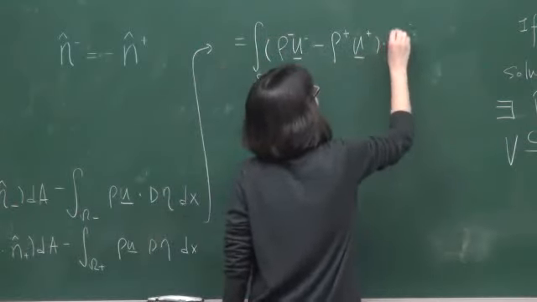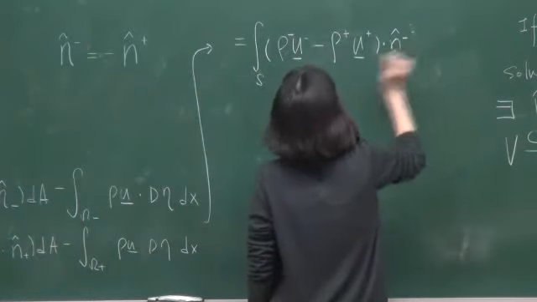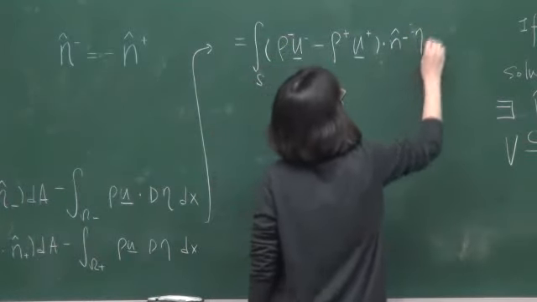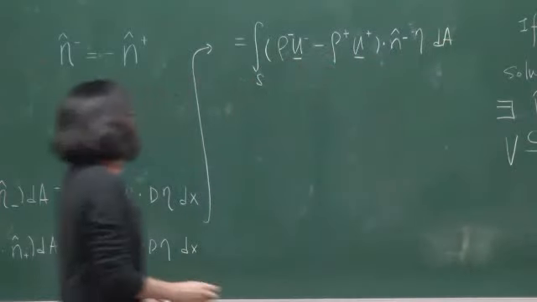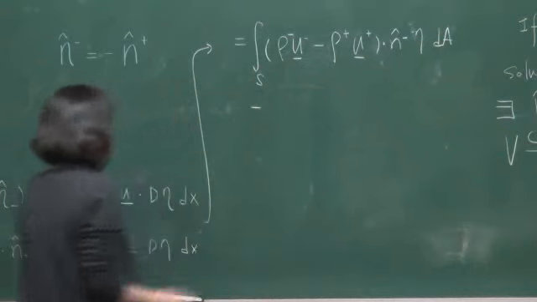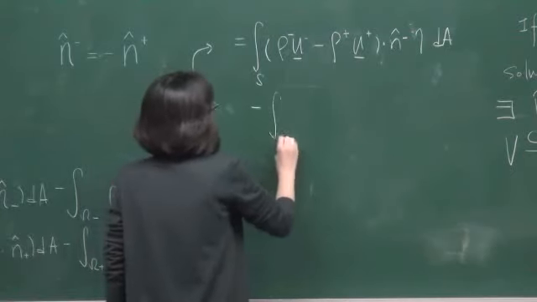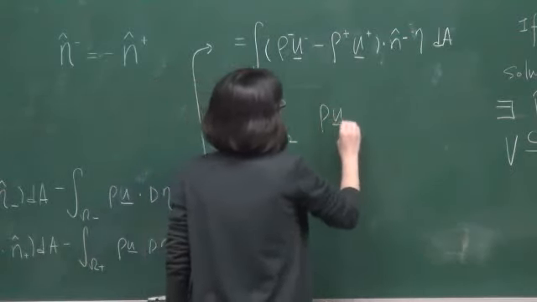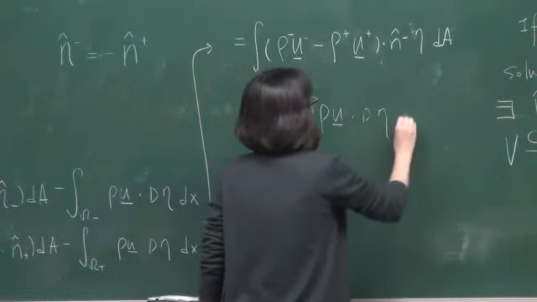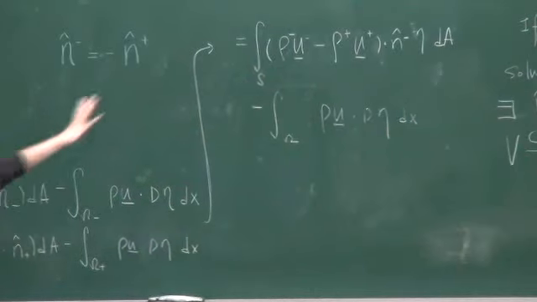Dot n, so here n is n minus, times eta dA. For this integral, you can just simply combine into one, because we have the assumption that rho and u are in L2. So this is the integral over the domain omega of rho u dot gradient of eta dx. Okay. So for this class of functions, this integral is equal to that.